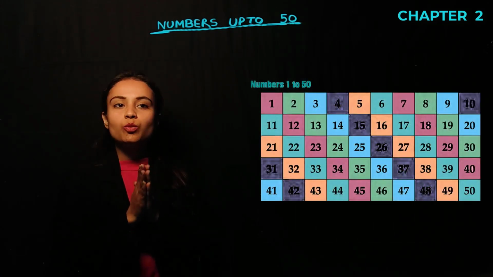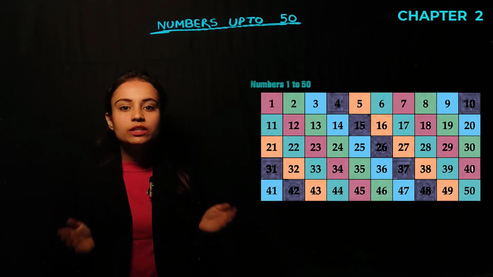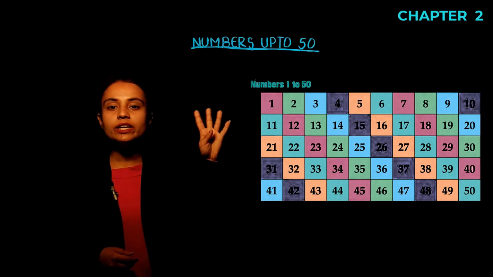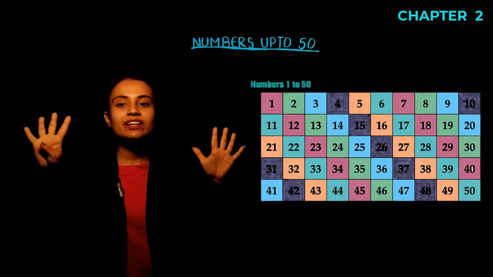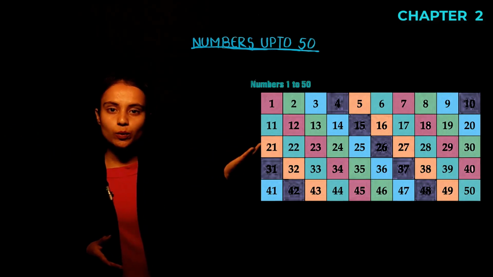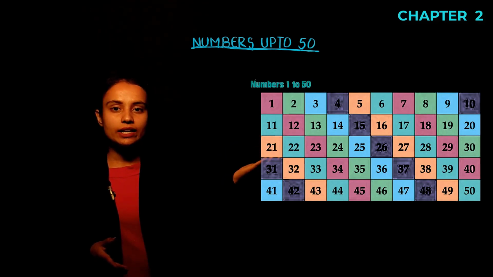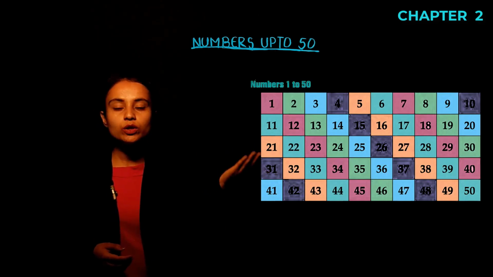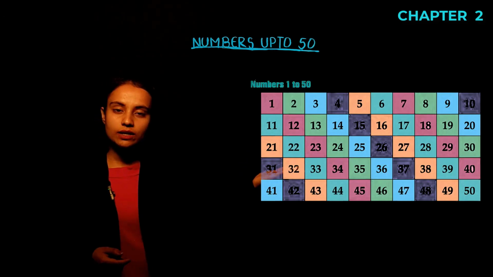Next topic is numbers 1 to 50. Let's count together starting from 1. 1, 2, 3, 4, 5, 6, 7, 8, 9, 10. Then 11, 12, 13, 14, 15, 16, 17, 18, 19, 20, 21, 22, 23, 24, 25, 26, 27, 28, 29, 30.